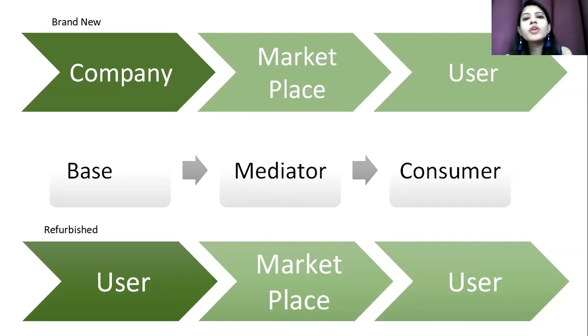They have been owned by a user, so they become the base. Now they don't want to use it anymore, so they resell it in the marketplace. When they resell it, they are not yet categorized as refurbished; they are categorized as a normal gadget. They are still to be conditioned.